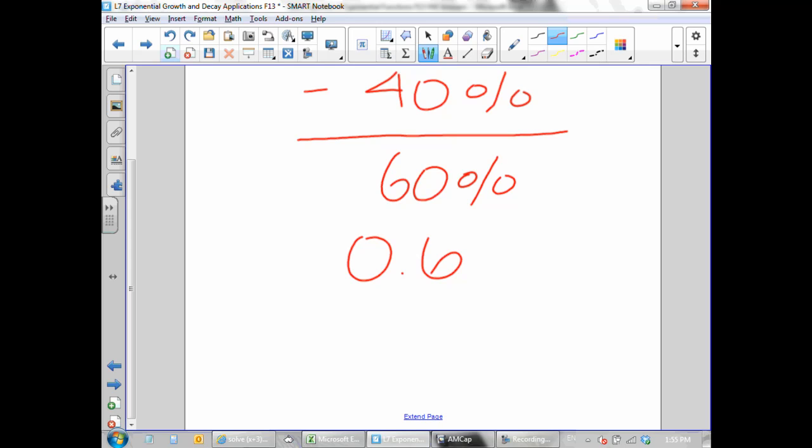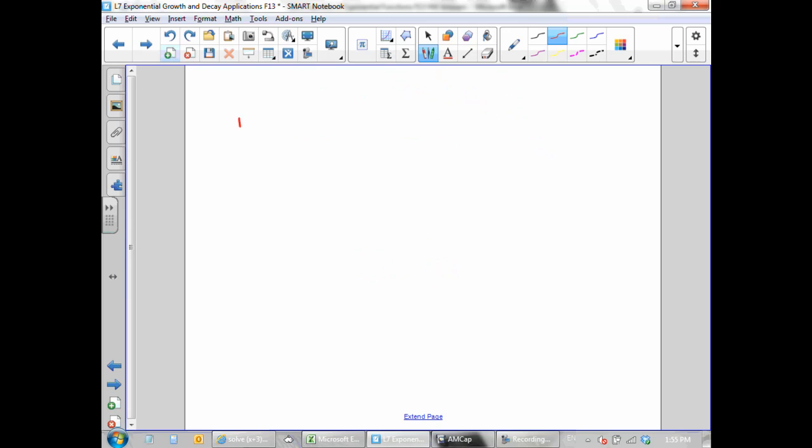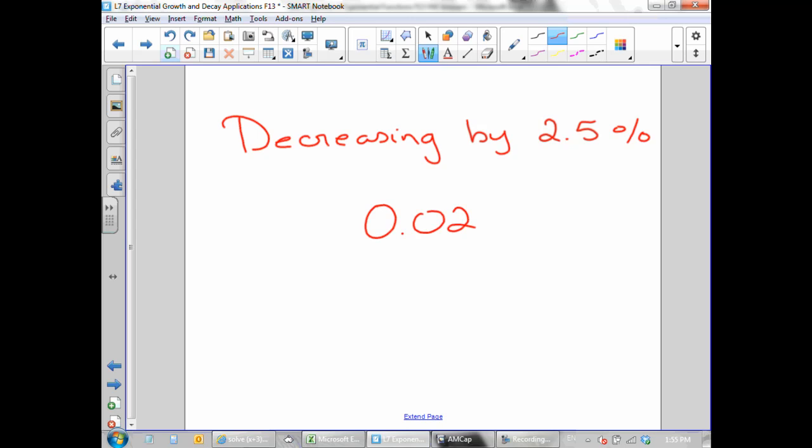Okay, I'll do one more decreasing. If we are decreasing by 2.5%, what's the decimal already? It's not this. The final answer is not this. So rethink. We start at 100. We decrease by 2.5.